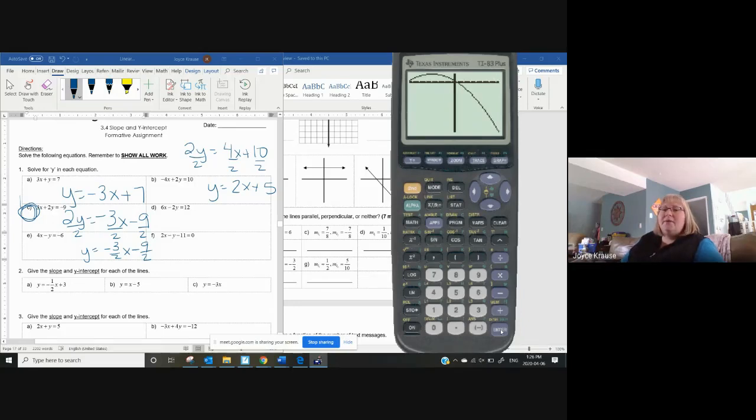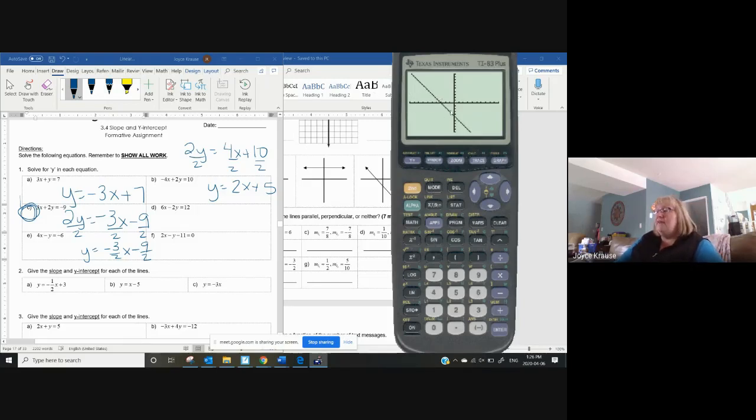It will adjust my window settings to fit the main components of the graph on screen. I'm going to go back and change that because you don't need to worry about that for today. I'm going to zoom standard because I want it to look normal again.